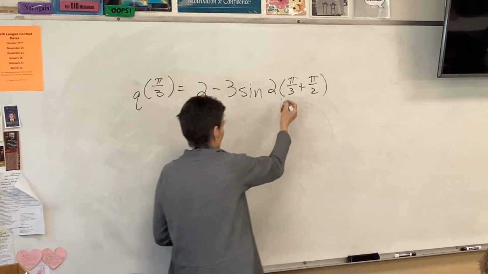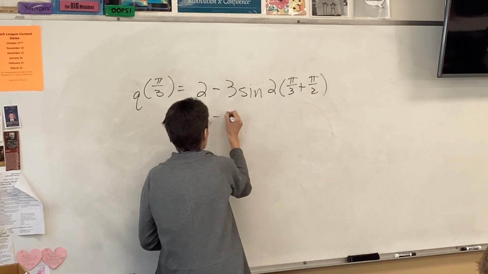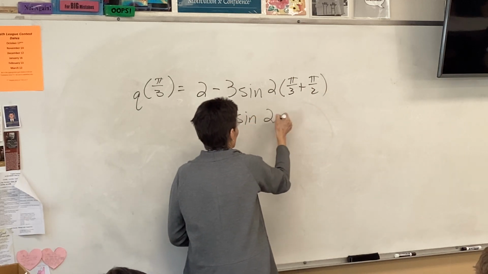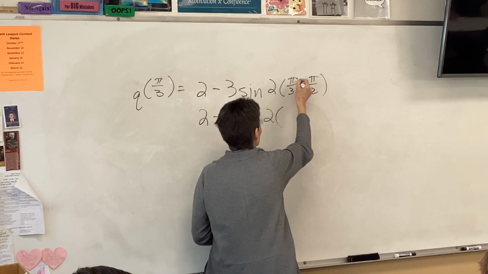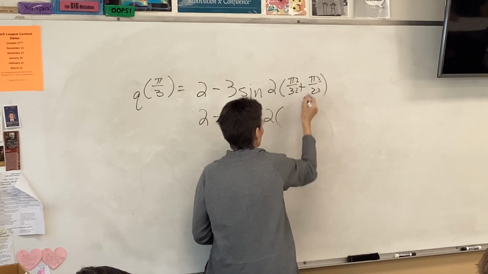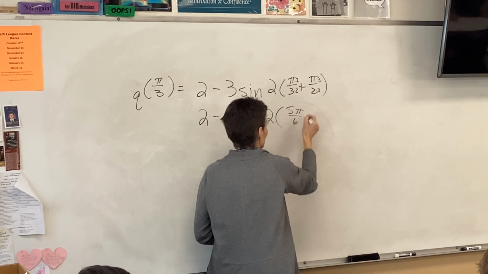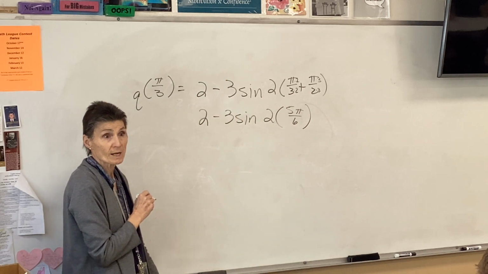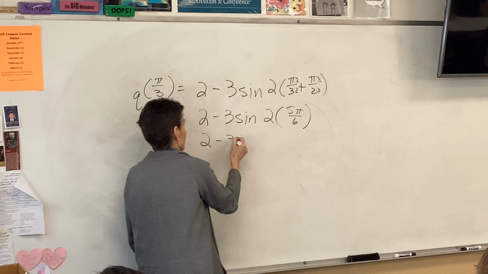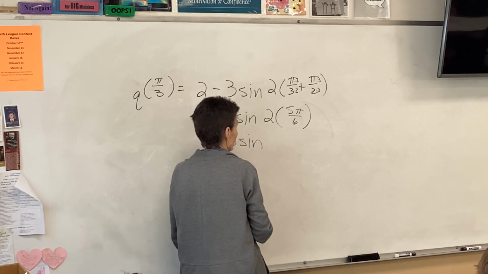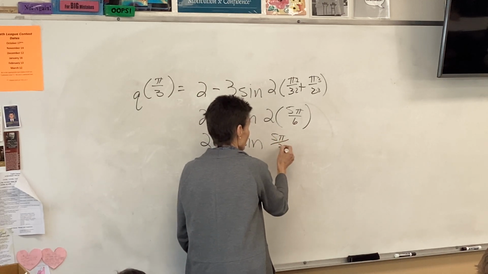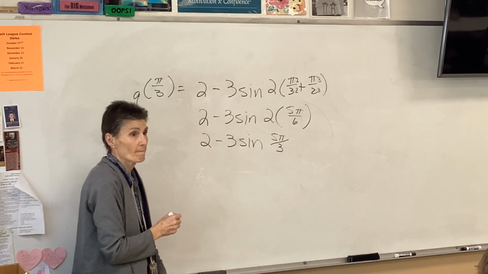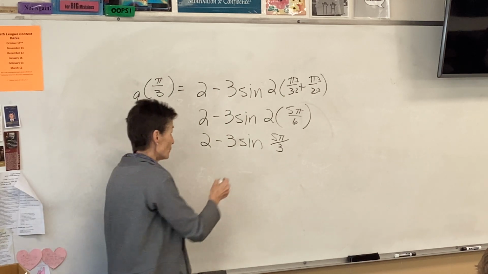All right, so let's start in the parentheses here. What is that? Common denominator, 5 pi over 6. 2 times it would be 5 pi over 3. You know this.